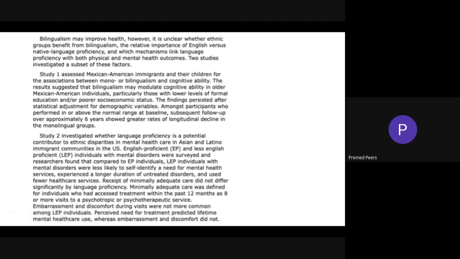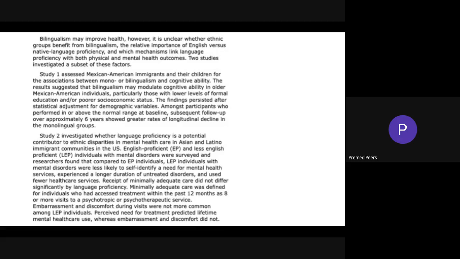So, study 2 investigated whether language proficiency is a potential contributor to ethnic disparities in mental health care in Asian and Latino immigrant communities in the U.S. English proficient and less English proficient individuals with mental disorders were surveyed, and researchers found that compared to EP individuals, LEP individuals with mental disorders were less likely to self-identify a need for mental health services, experienced a longer duration of untreated disorders, and used fewer healthcare services.